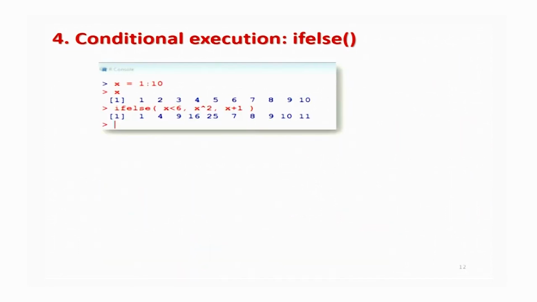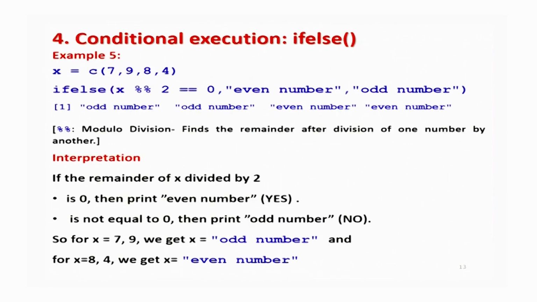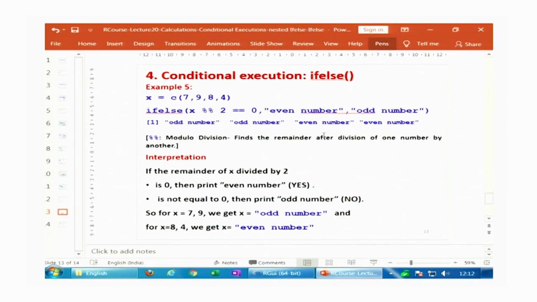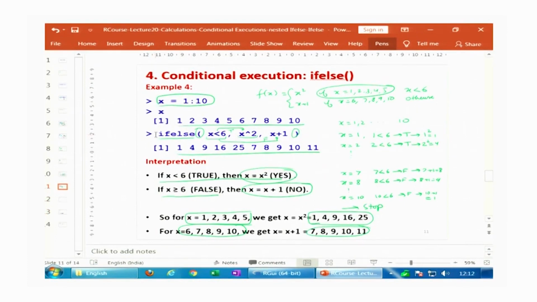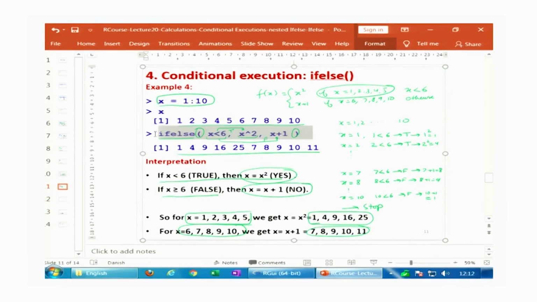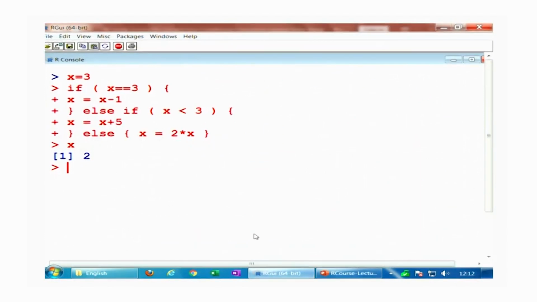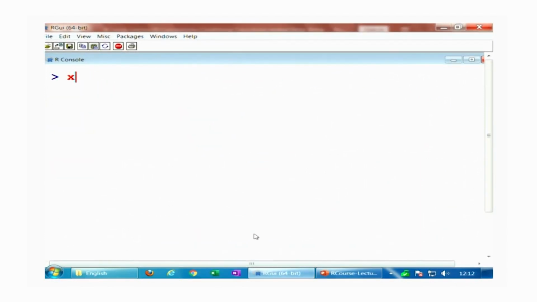Now I will try to show you this on the R console, and this is the screenshot of the same outcome. Let me copy this command so that I can save some time, and come to R and define x is equal to 1 to 10.